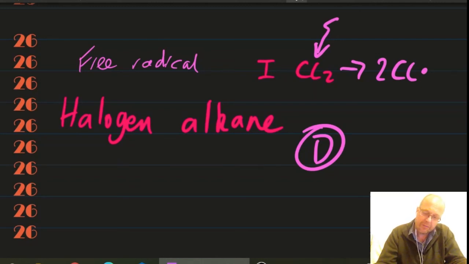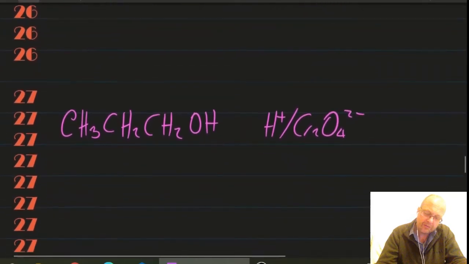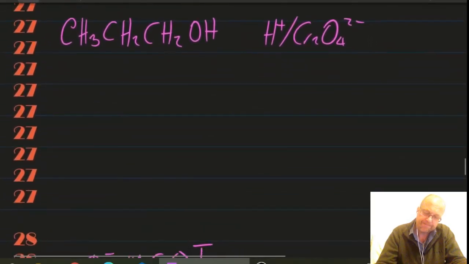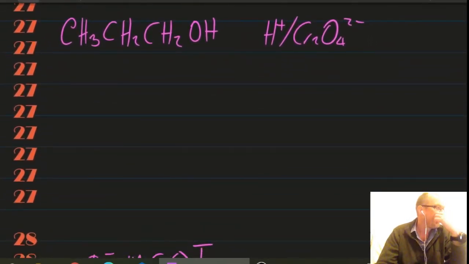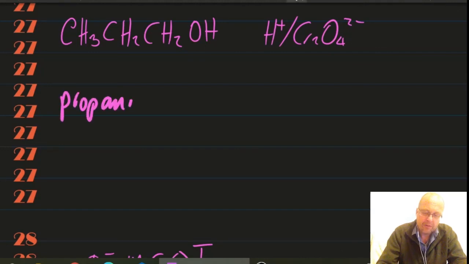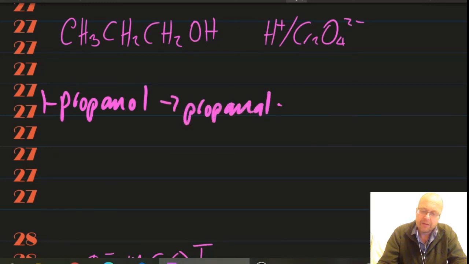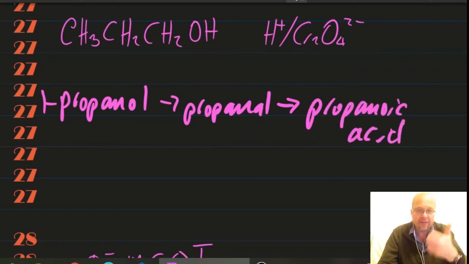27, acidified potassium dichromate, my first explosion. Man, that was scary. So I've got propan-1-ol. So 1 propanol goes to propanal, goes to propanoic acid. You're probably more familiar with ethanol, ethanal, ethanoic acid.